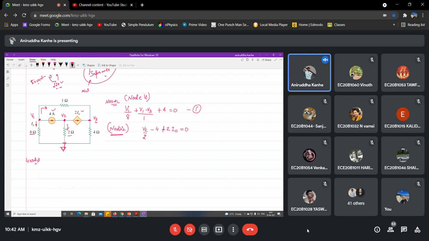So this is equation 1, that's equation 2, and now let us consider V3. At node V3, no current direction is mentioned, that means it is always outward.